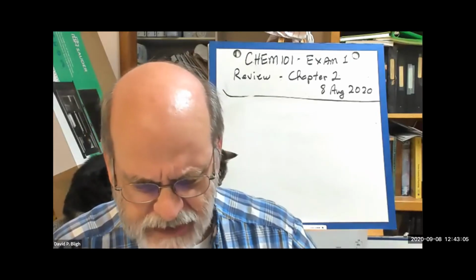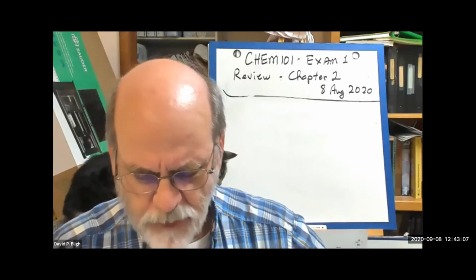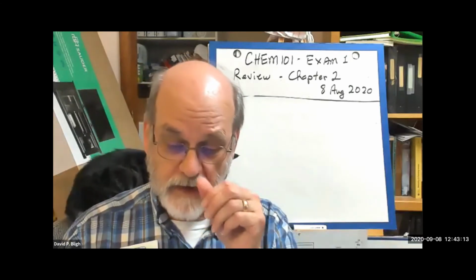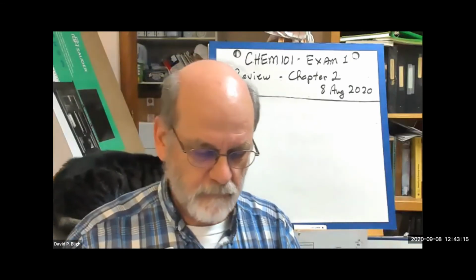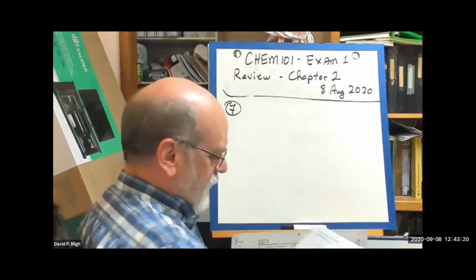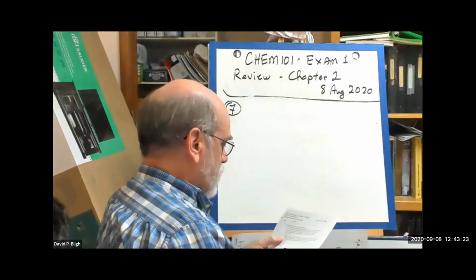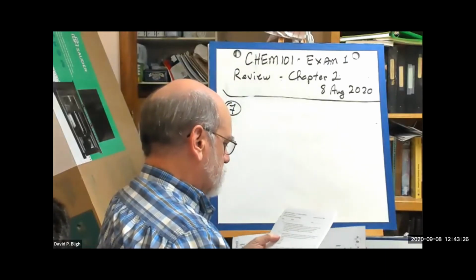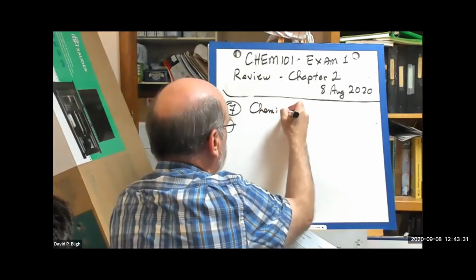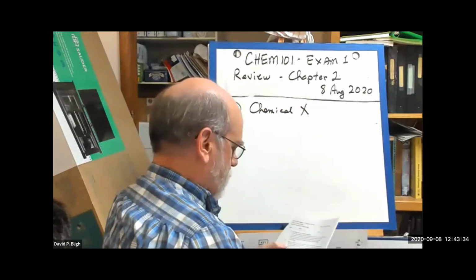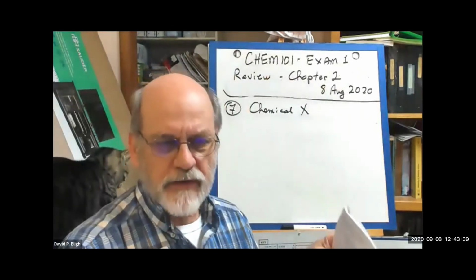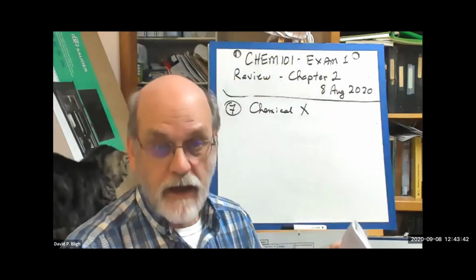How about 7? A sample of chemical X is found to contain 5 grams of oxygen, 10 grams of carbon, and 20 grams of nitrogen. Okay, let's just do that one. This one might have a twist to it. So this, the first chemical, chemical X. And in order for this question to work, we have to assume that that's a pure chemical, a compound.